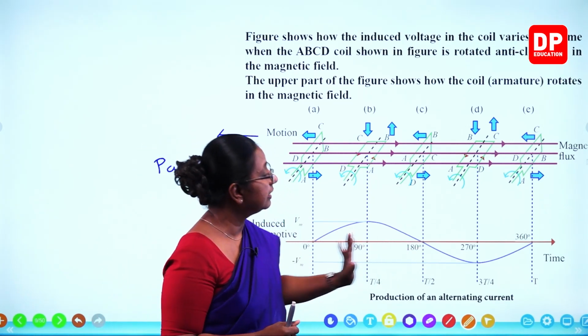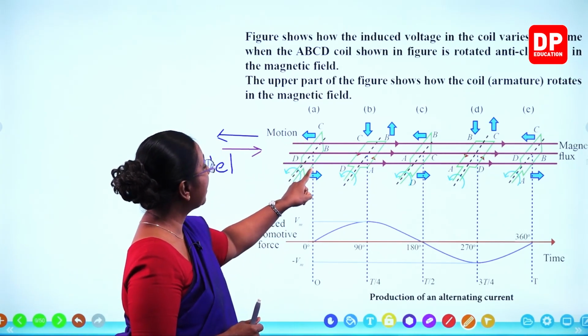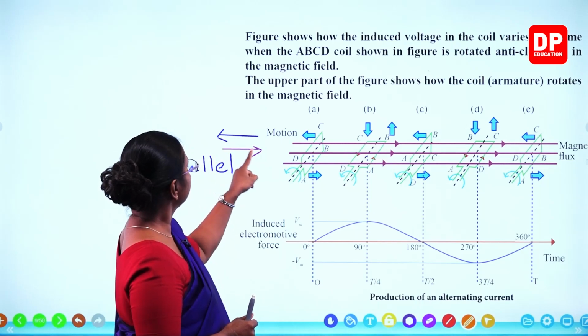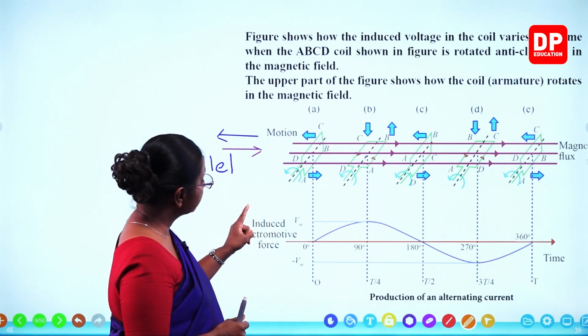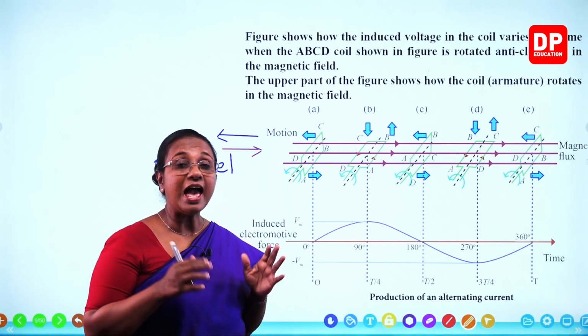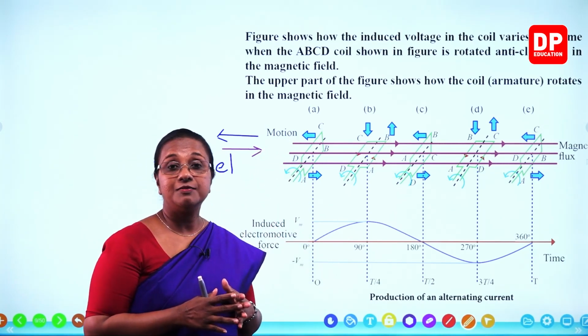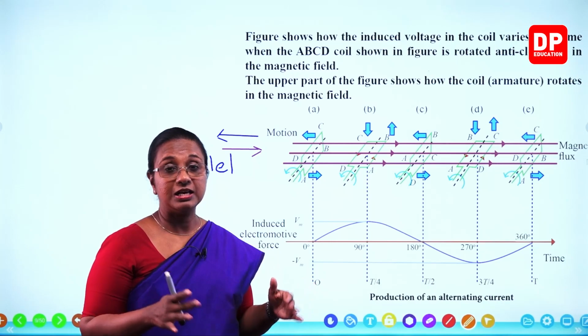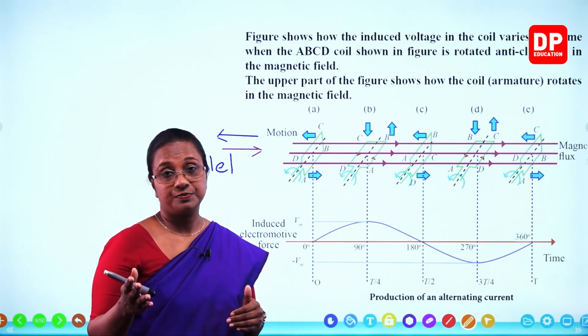Now look at the graph given here. Now I told you all these two are parallel. The motion and the magnetic field are parallel. So because of that, you cannot apply the Fleming's right hand rule, and also when the motion and the magnetic field are not perpendicular, then there is no induced electromotive force.